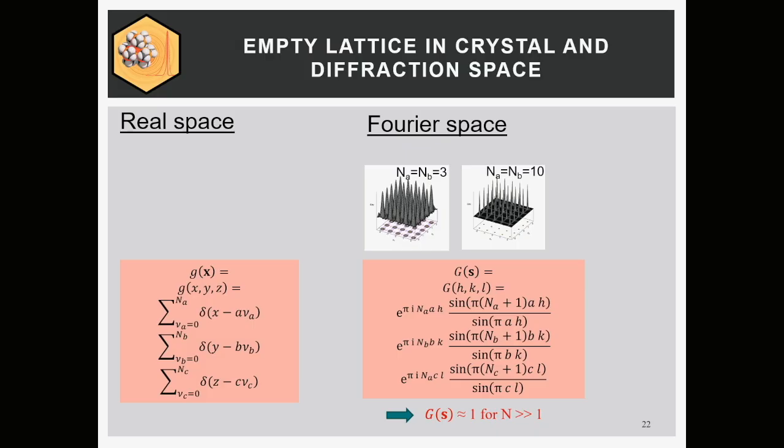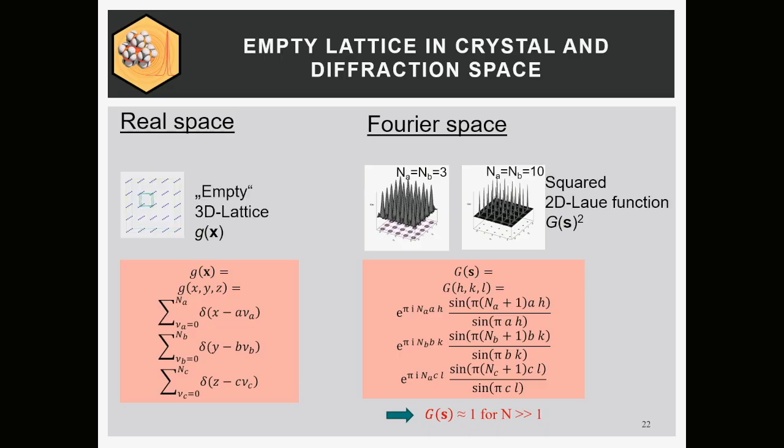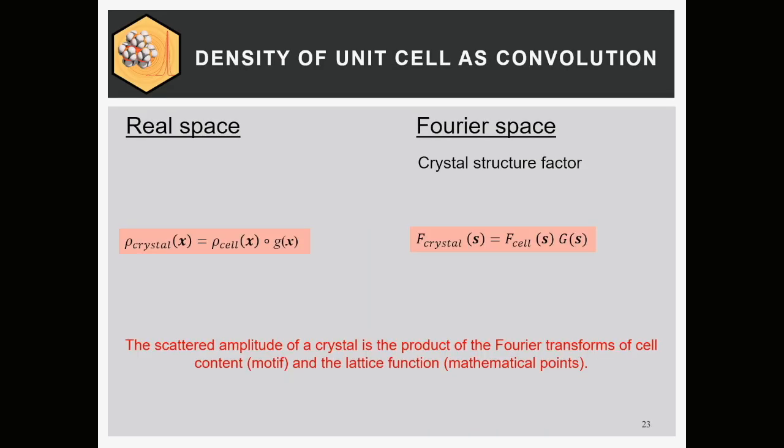And if we have a huge number of lattice points, then this Fourier transform function becomes 1. And if you multiply 1 by something, it's not changing. But if it's smaller, it's not 1. That means you distribute intensity over the reciprocal lattice point. It gets diffuse.